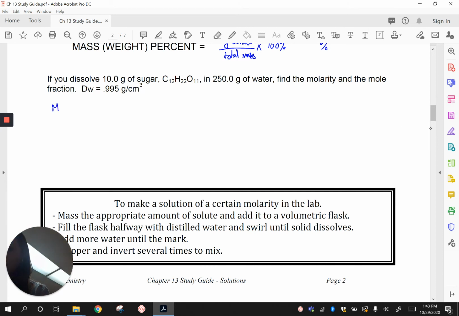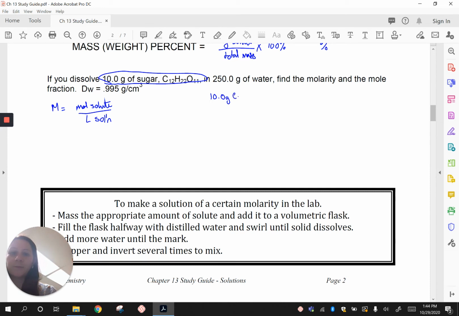molarity. So molarity is moles of solute over liters of solution. So let's see if we have either. For moles of solute, we are given that we have 10 grams of sugar. So let's find the moles of that. I'm going to do it on the side. 10.0 grams C12H22O11, 1 mole of sugar.